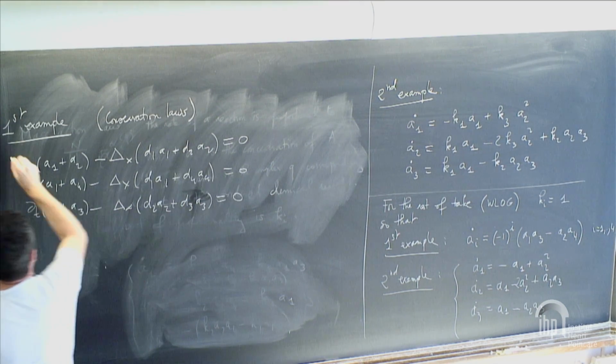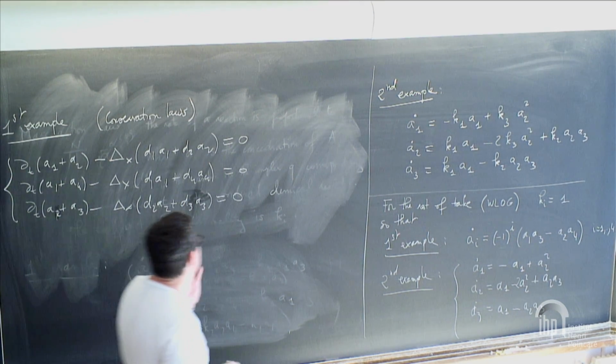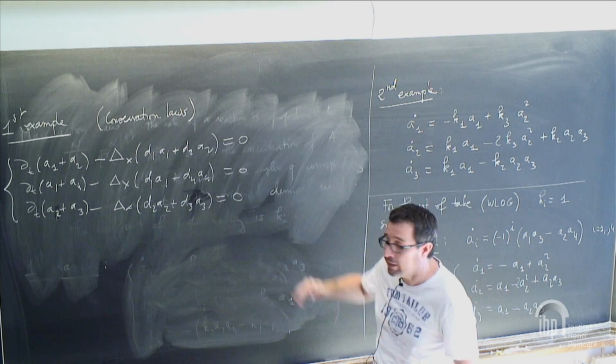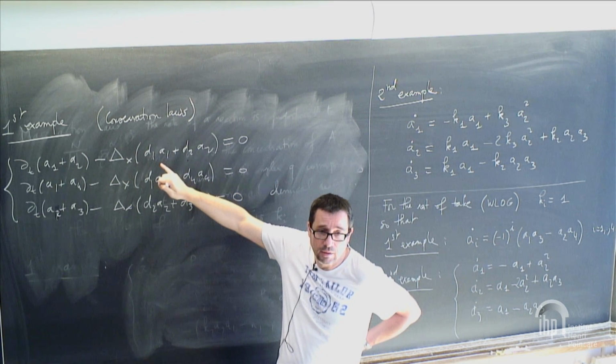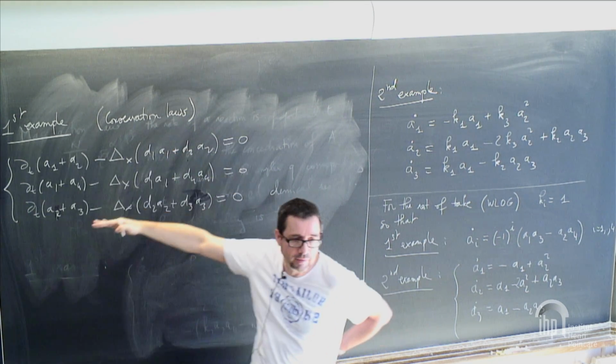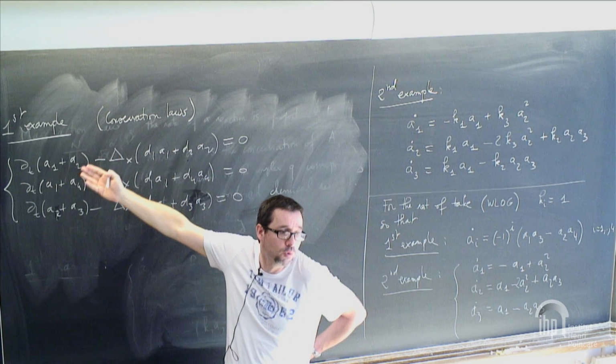And here you see that when we write things in this way, the fact that the d_i are not equal does not enable to get equations for a certain quantity at this level.